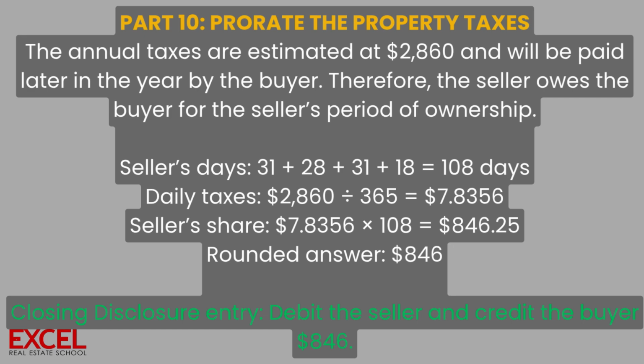So the daily tax, remember the 2,860, we're going to divide that by 365. That gives us a daily tax of $7.8356. So now that gives us the seller's share of $7.8356 times the 108 days that the seller owns that property, of $846.25.